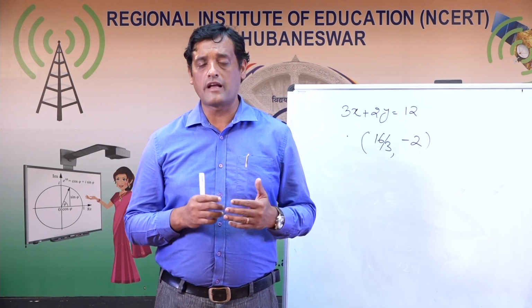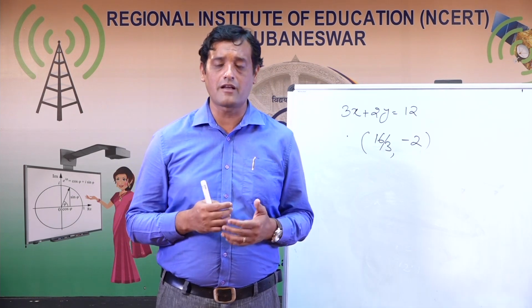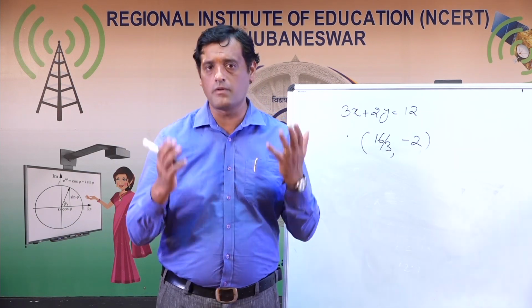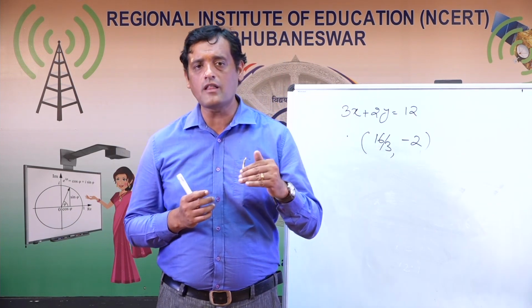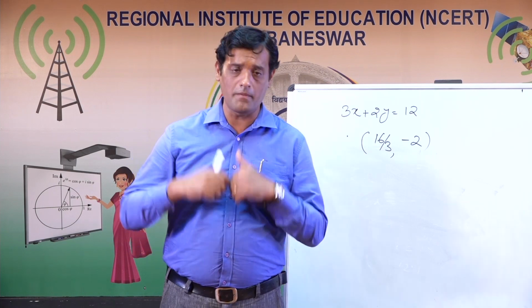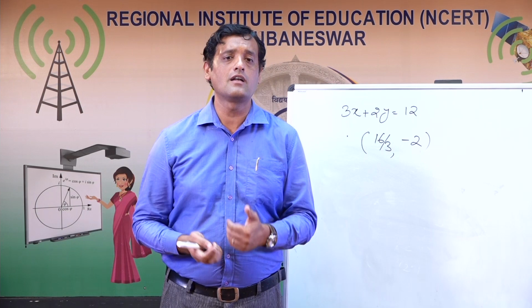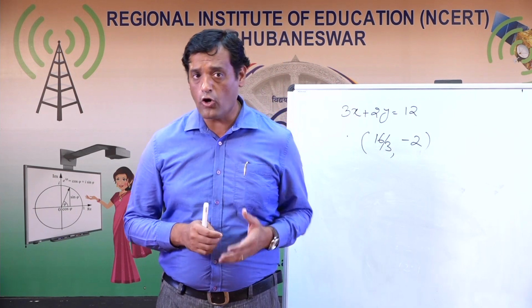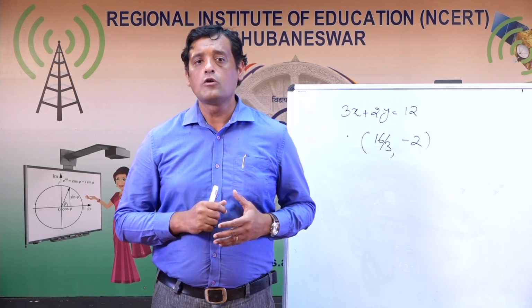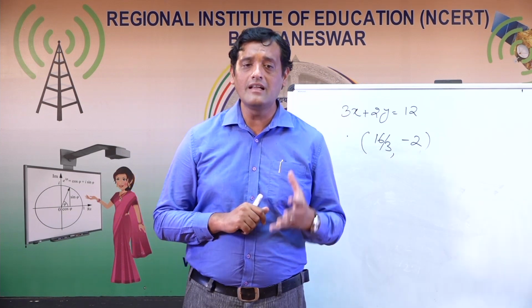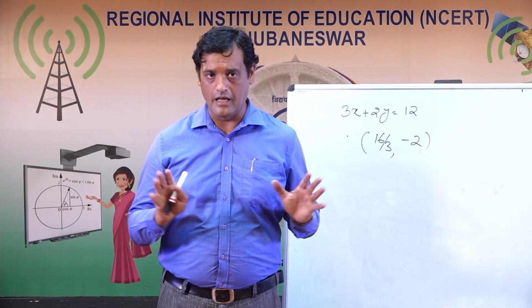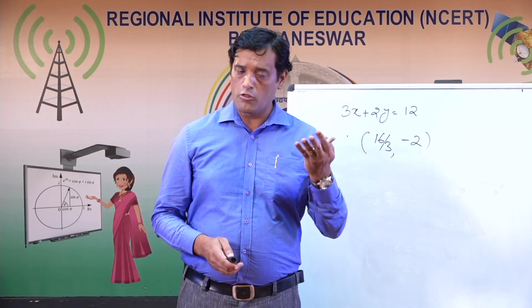Then you can put x equal to -1, -2, -3, x equal to 1, 2, 3, any number. So as you put the value of x, you will get the value of y. In a similar manner, you can put infinitely many values of y, and you can get the value of x. So what it concludes: there is no end to the different solutions of a linear equation in two variables. You may find so many solutions.